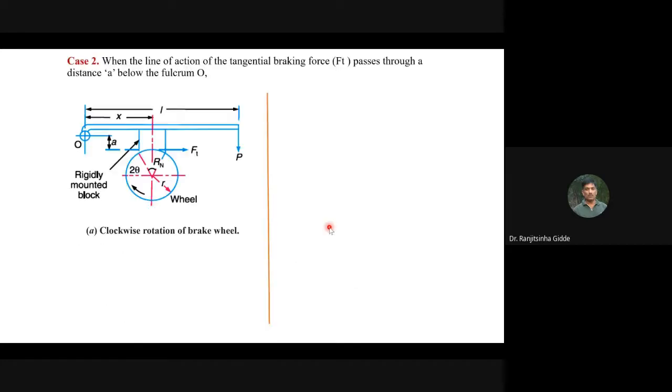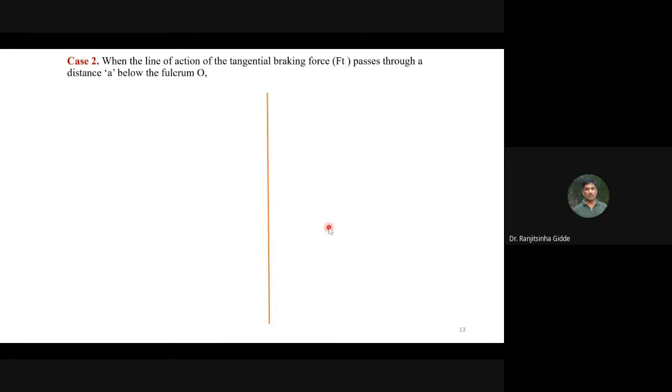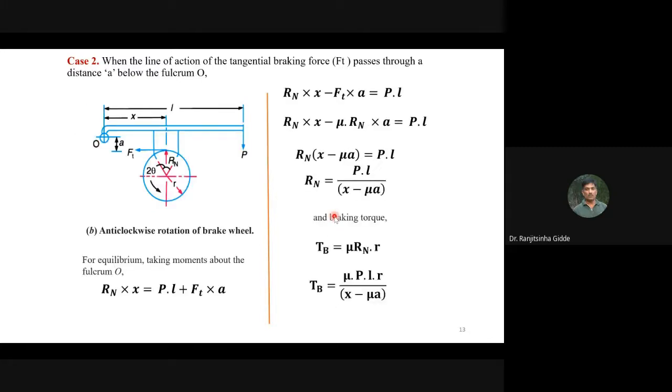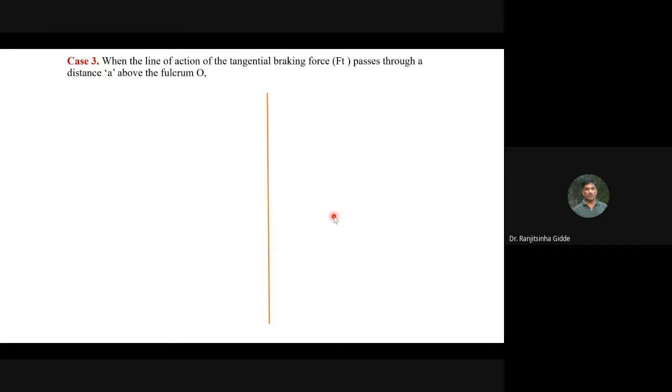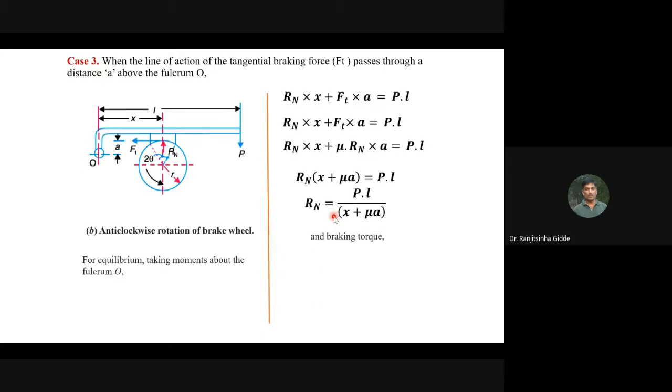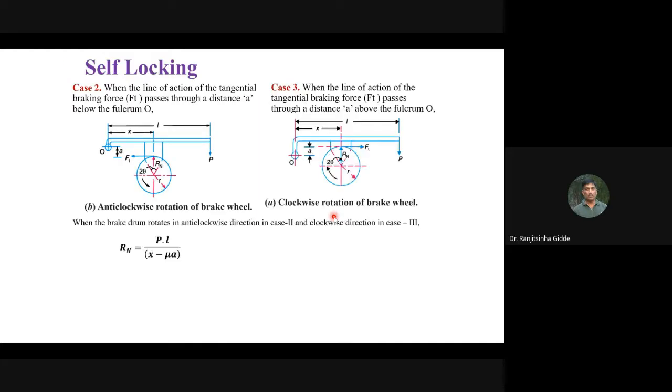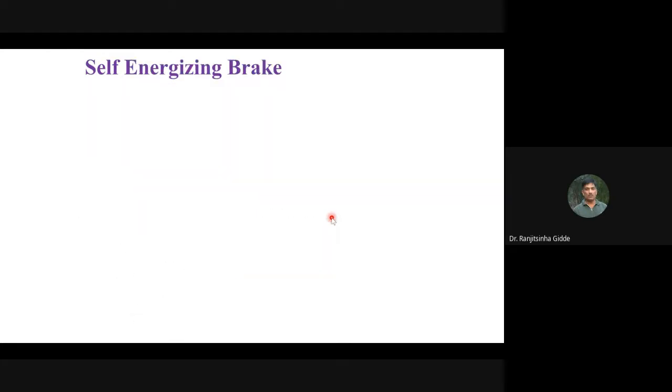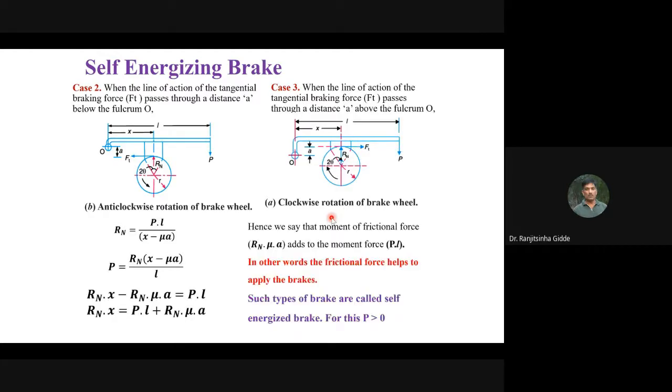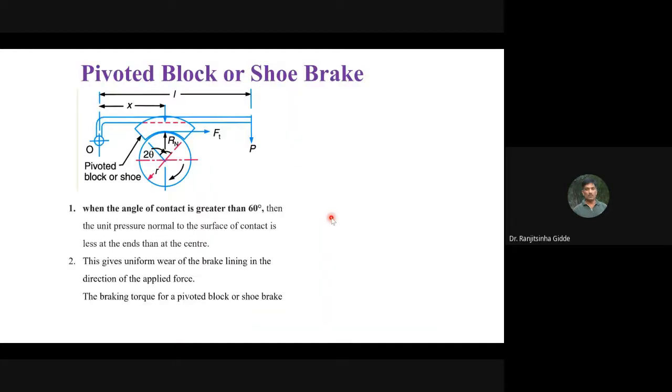Now this is another case where we are going to consider that the angle of contact is greater than 60 degrees. Then the unit pressure normal to the surface of contact is less at the ends than at the center.